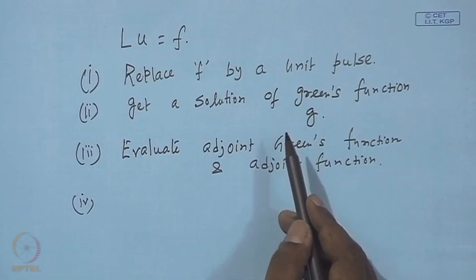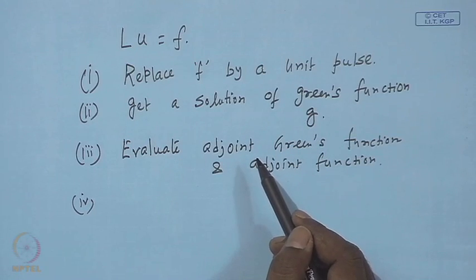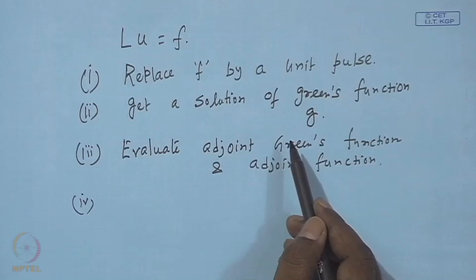That means, suppose the boundary conditions of the original problem are non-homogeneous, we force them to be homogeneous, and we are dealing with these things by keeping only one non-homogeneity in the governing equation. We do not want to get any interference from the non-homogeneous terms appearing in the boundary conditions. So, we are dealing with only one non-homogeneity, and that non-homogeneity is occurring in the governing equation, and it is replaced by a unit step function.